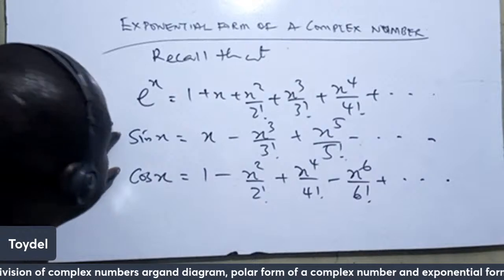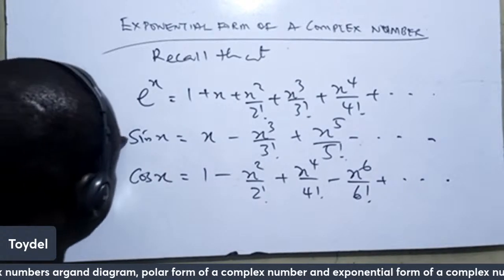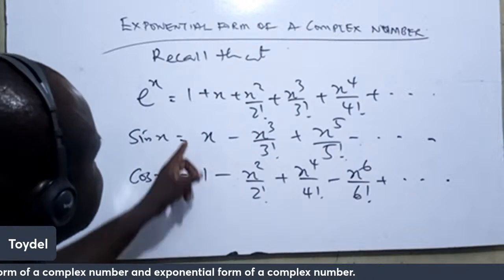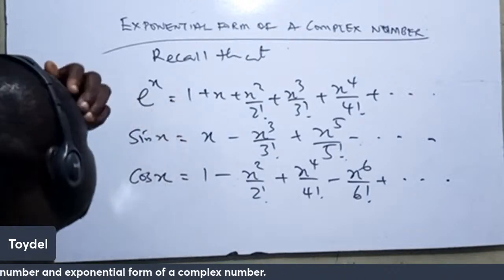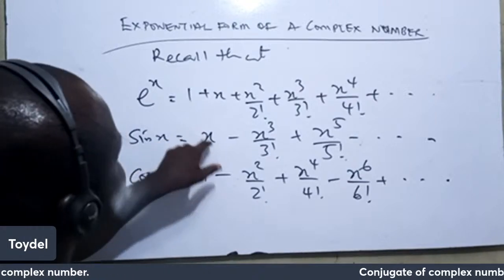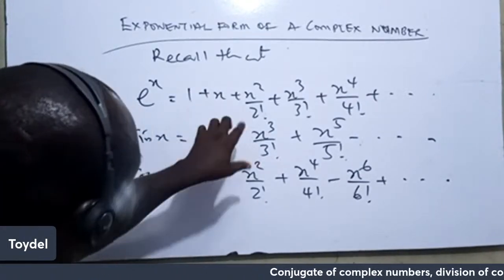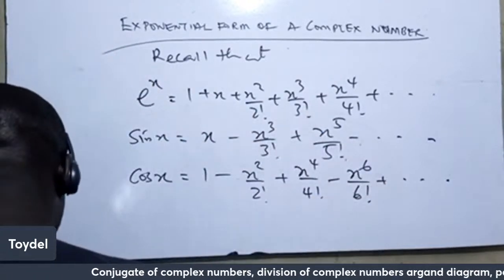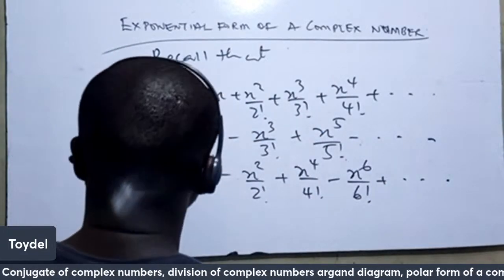So there is something common here. If we add these together, we are going to get exponential x. This is the power series expansion of what we have on the board.